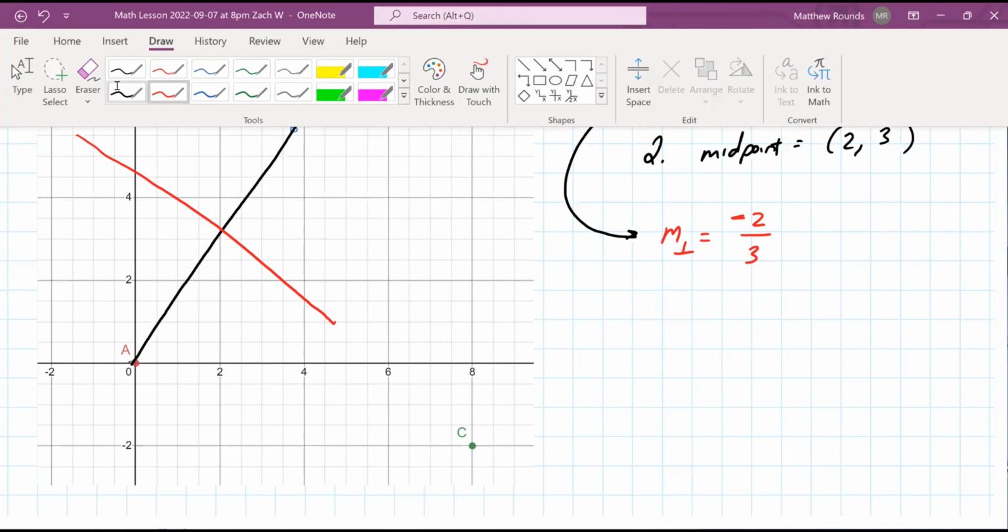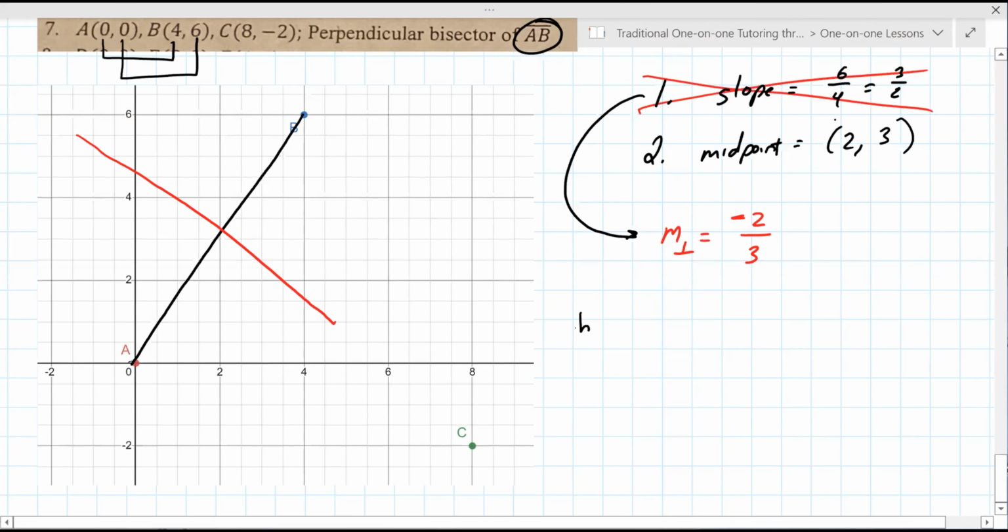Yeah, and we're already into part B, but part A kind of requires you to draw it. I think you kind of need part B, but part B is to write the equation of the line. So then y minus y1 equals m times (x minus x1).